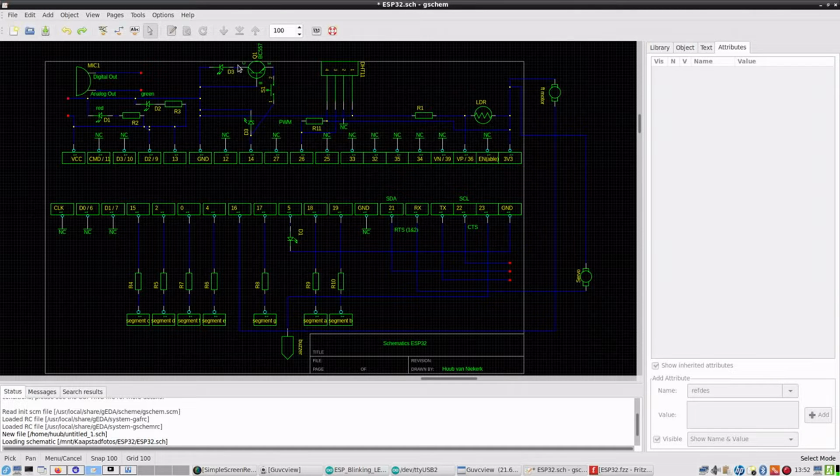Which means that also this one, is this correct at all? I think it is, because this one is correctly connected to the ground, some signal here, so I better check if everything here is working out, maybe with some simulation as well.